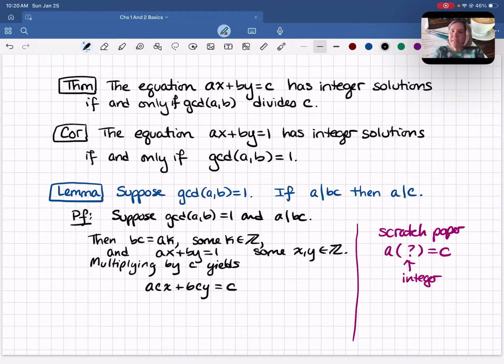Okay, so I'm getting closer to my goal, because my goal was to have a times an integer equals c. Well, I have something equals c. Can I factor an a out of the left-hand side? No, I don't think I can. I can factor an a out of the first term, but not out of the second term. What else could I do?